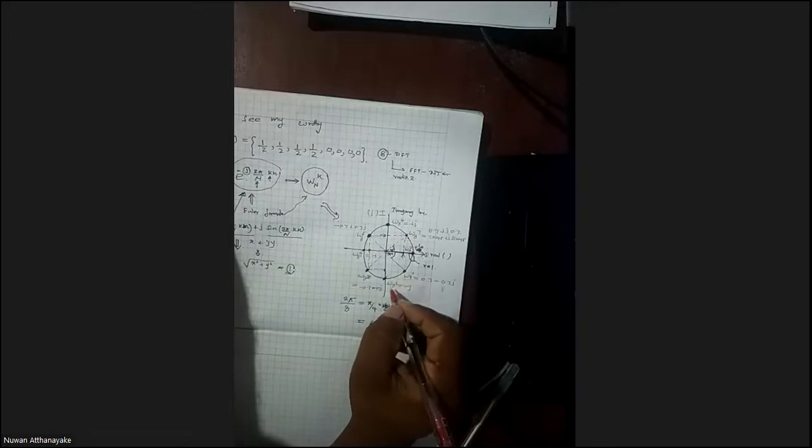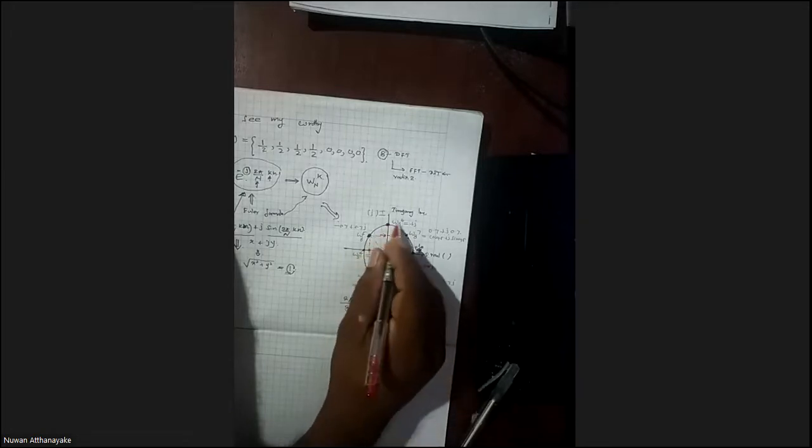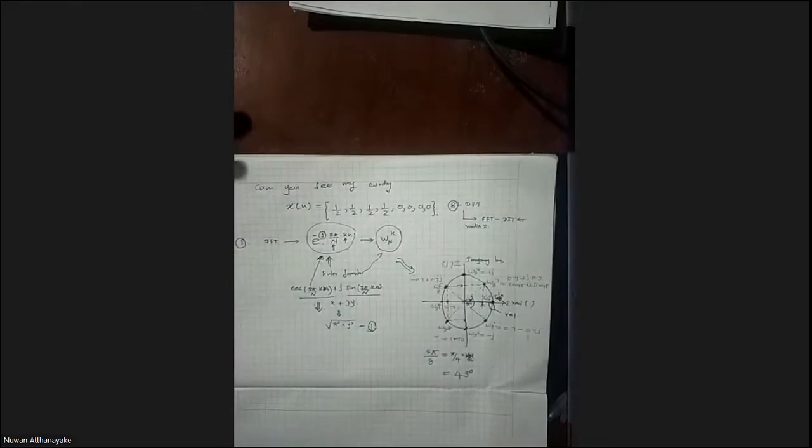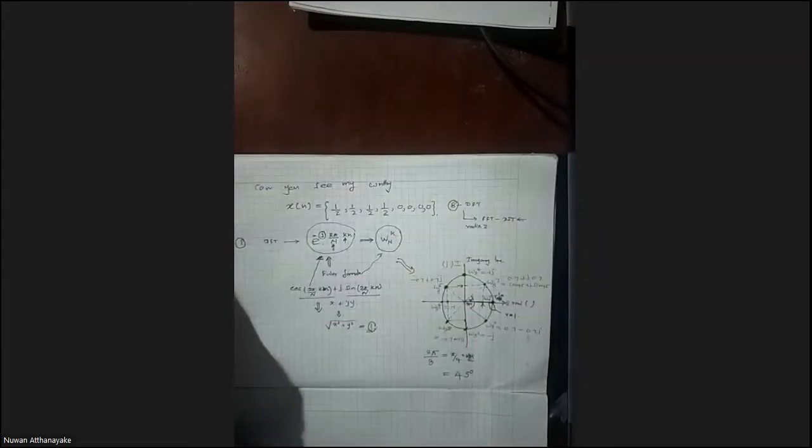So you have to find W0, W1, W2, W3, W4 and so on. This is the first thing you have to do. I think in your exam you will get an 8-point DFT.